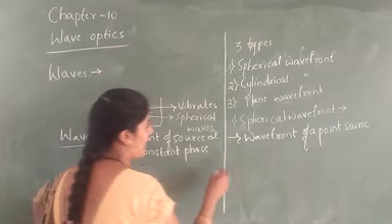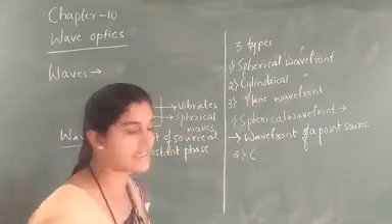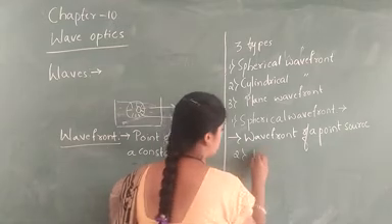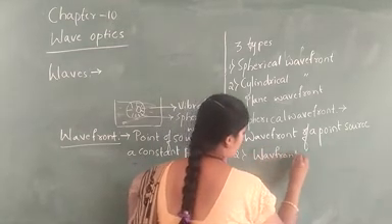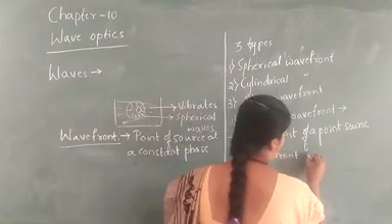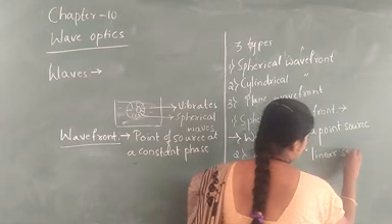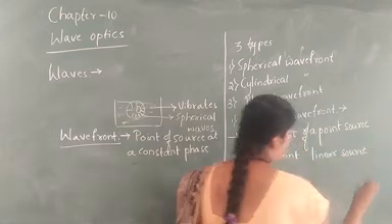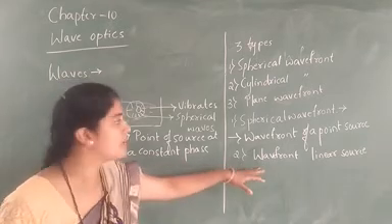In the same way, second one is your cylindrical. In this cylindrical, we are considering the wavefront should be at a linear source. If it is at a linear source, then we can call it what?